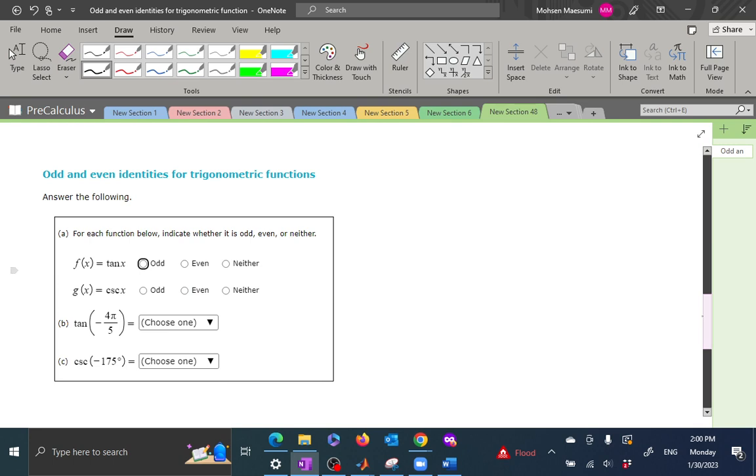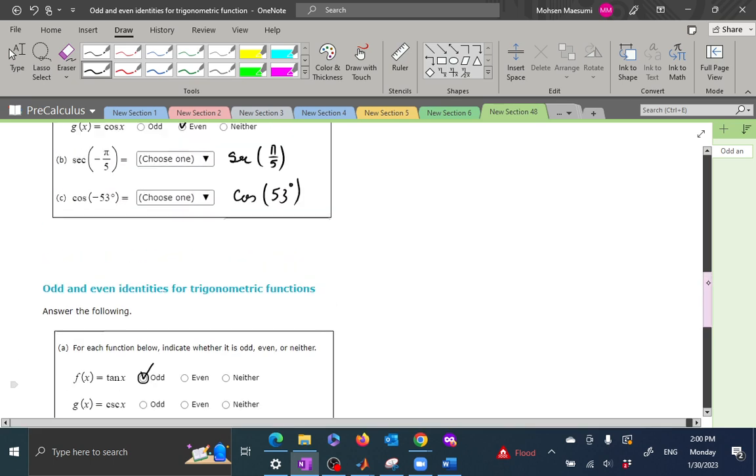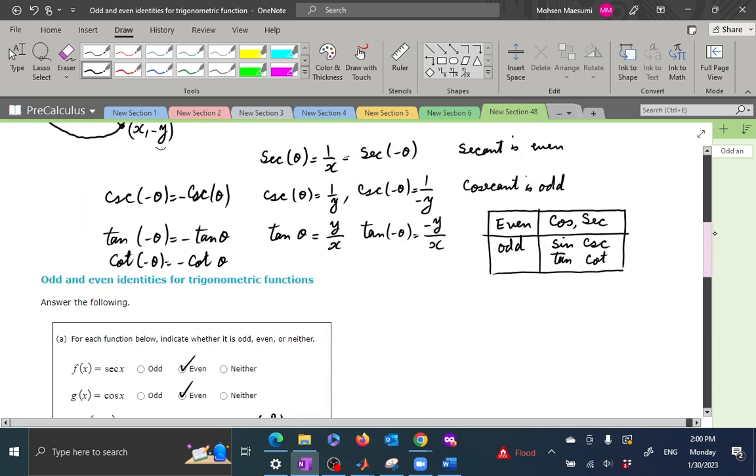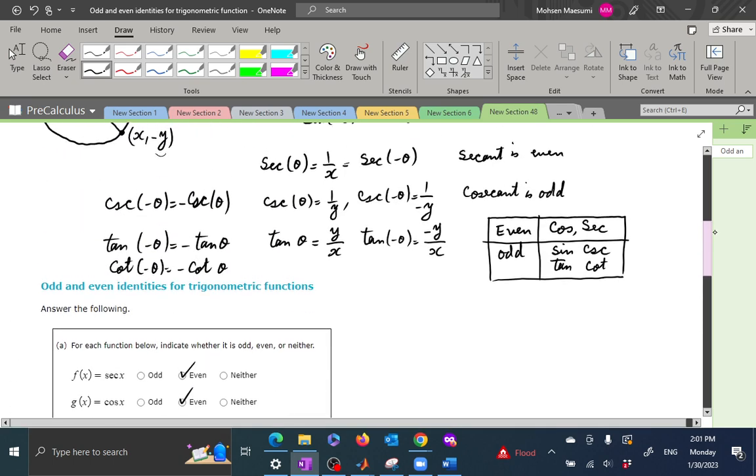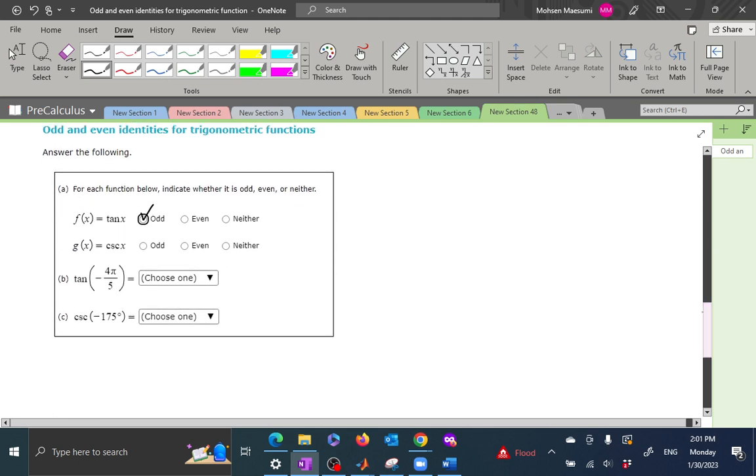For some reason this is already answered, I don't know why, but tangent, you remember we said tangent, cotangent, sine, cosecant, they are all odd functions, so this is same. So what does this mean? It means the minus survives the process, becomes minus tangent of 4 pi over 5. You can calculate it and then make it negative later on.